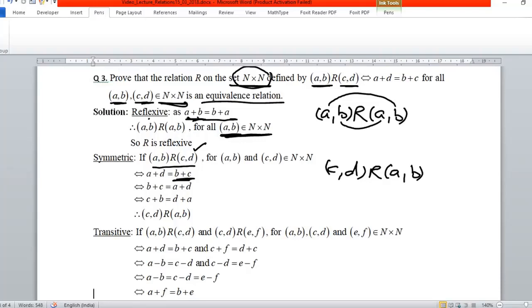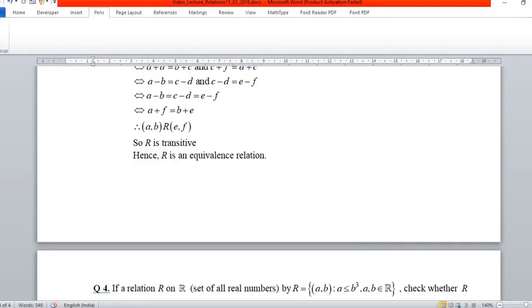Now b plus c can also be written as c plus b, as addition is commutative, and this is equal to d plus a. This shows that c comma d is related to a comma b, and so R is symmetric in nature. So our relation is so far reflexive as well as symmetric.